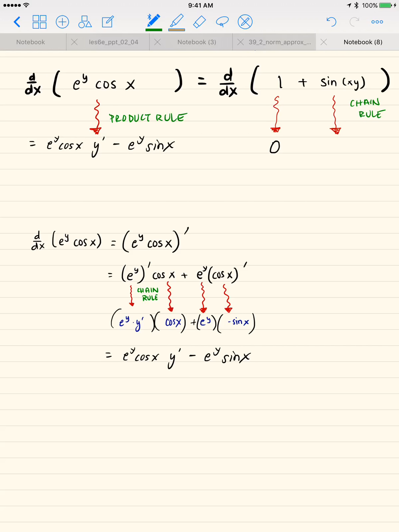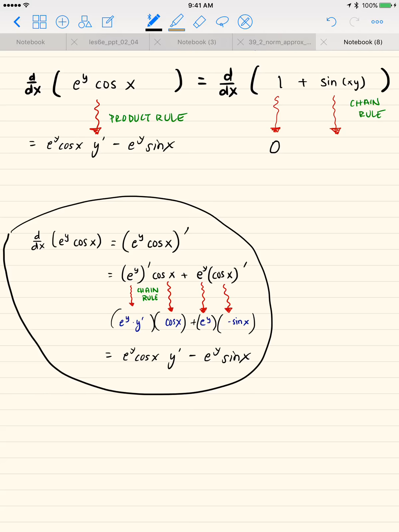So to find d/dx of sine of xy, my outer function is going to be sine x.